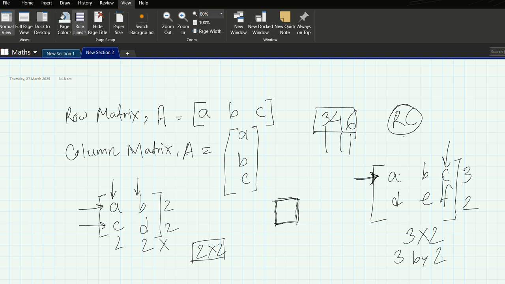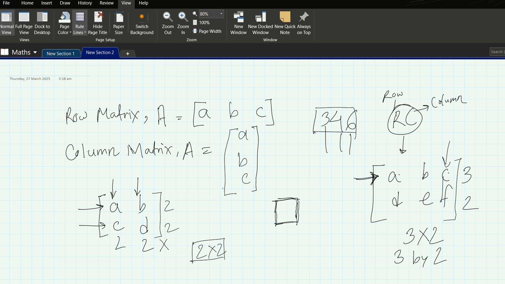And why this RC? You might have guessed that by R we mean row, and by C we mean column. So RC means row and column. Whenever we define a matrix, we first read aloud the row number and then the column.